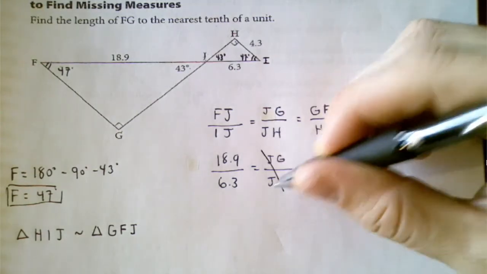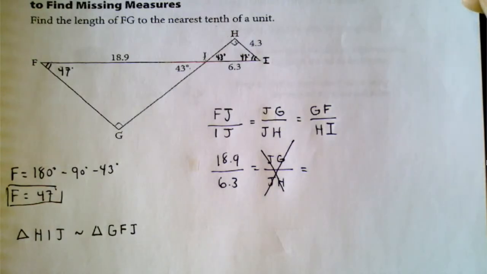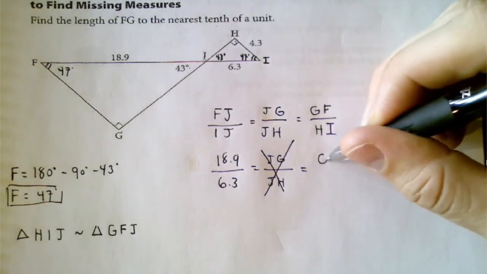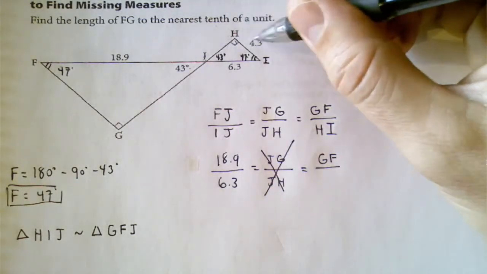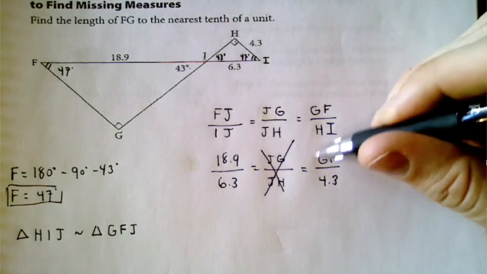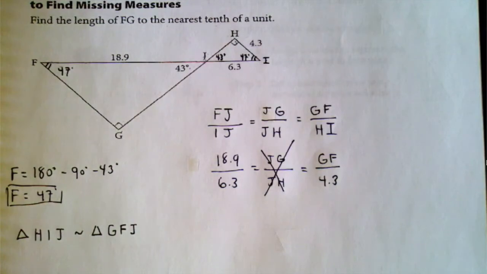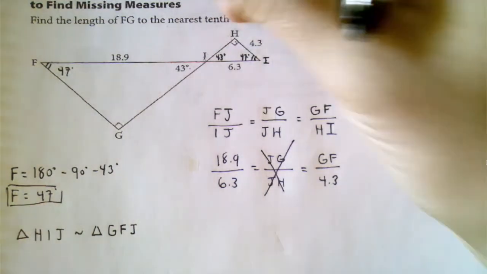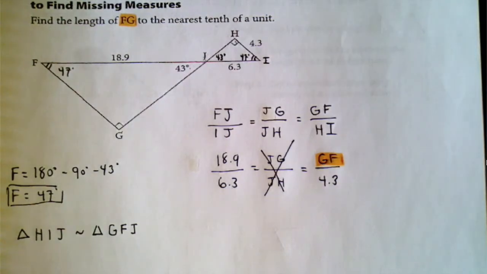I guess we're not going to use that triangle, or those two sides. G to F, also we don't know. And H to I, we do know that one, 4.3. So hopefully we're solving for GF, and we are. FG is the same as GF. That is indeed what we're solving for.